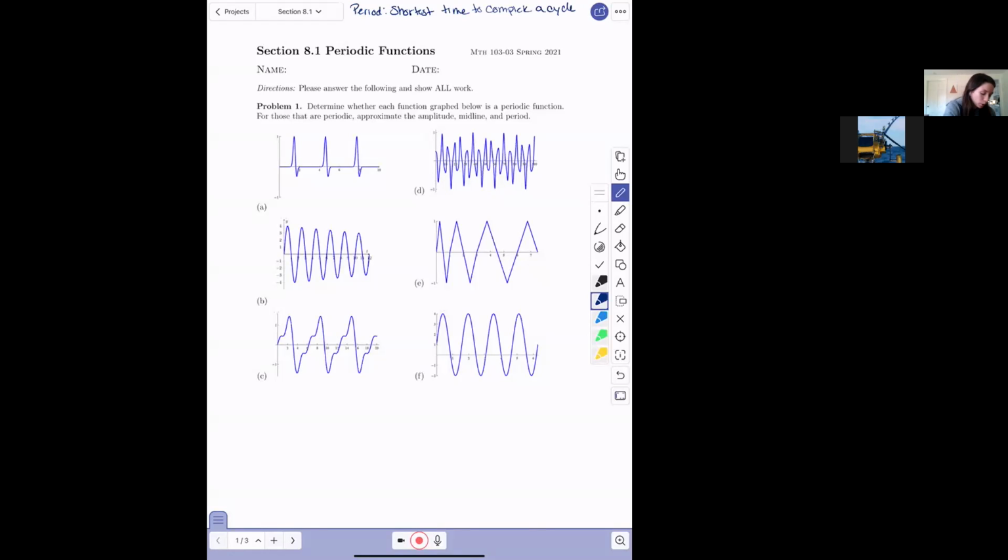The next is the amplitude. And we could find the amplitude by taking the y max minus the y min and dividing that by 2. Another important value is the equilibrium.